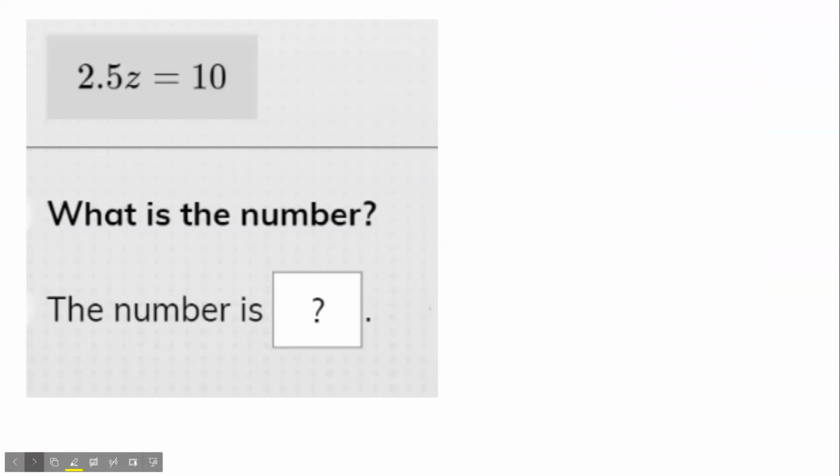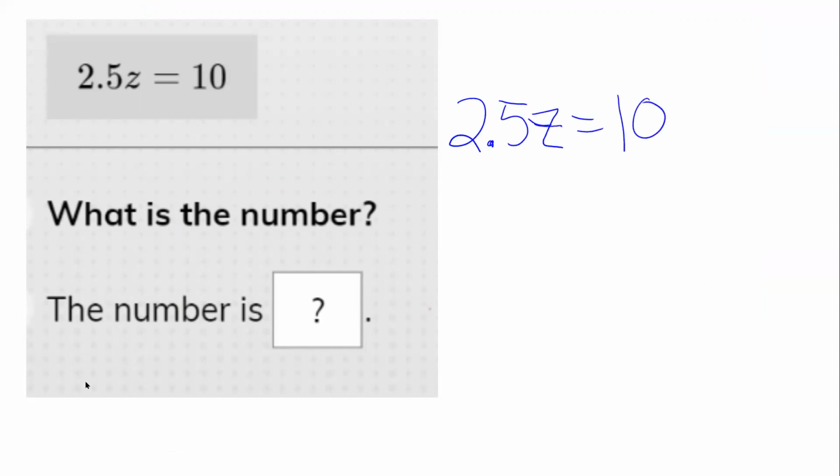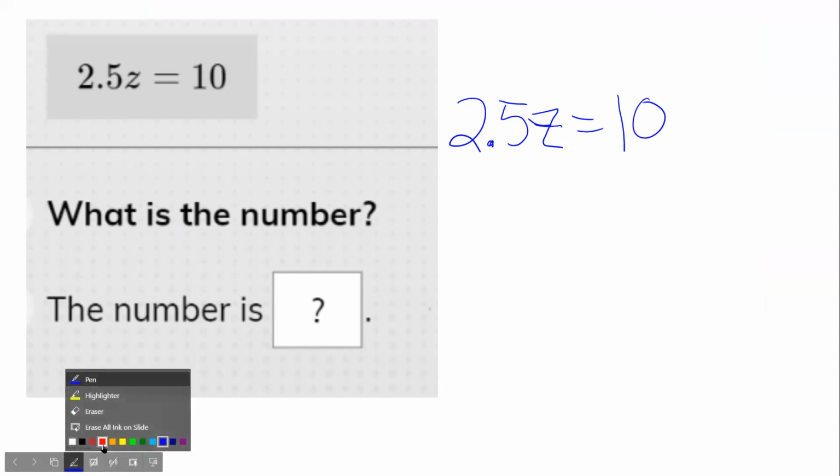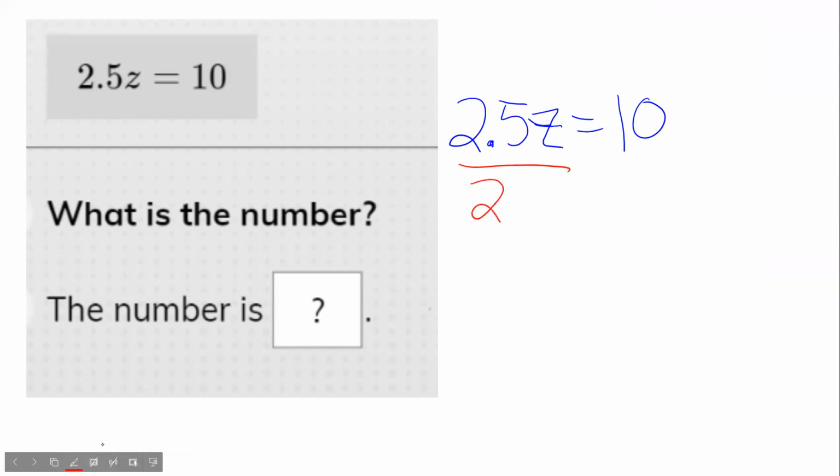Okay, so what's the number? All right, if we have multiplication and we want to undo it, the opposite of multiplication is division, right? So I should divide both sides of this equation by 2.5.